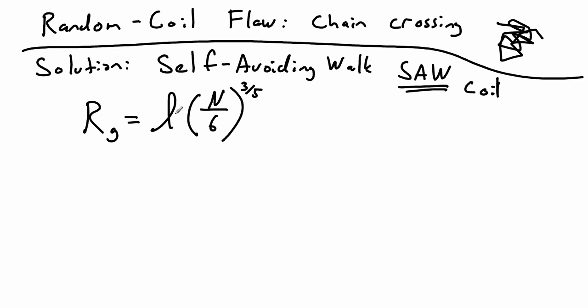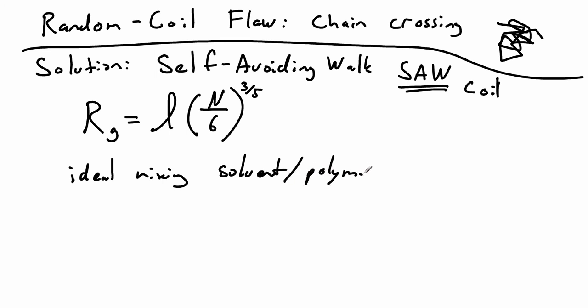So this self-avoiding walk, or SAW coil, is going to be what we see when we have an ideal mixing between the solvent and the polymer. Ideal mixing, just to refresh your memory from thermodynamics, that means that the delta H of mixing is equal to 0. It's not endothermic or exothermic.